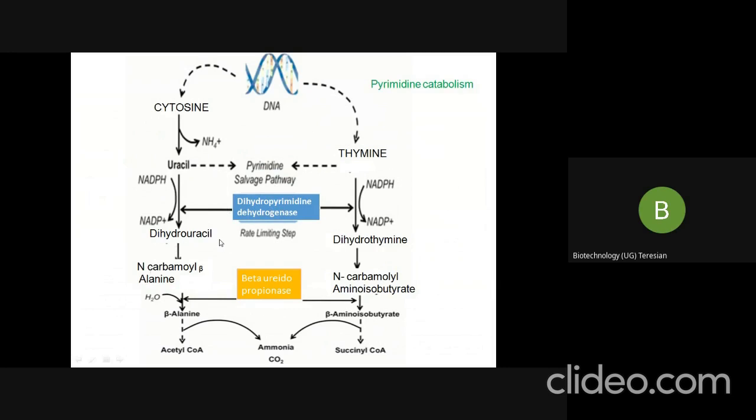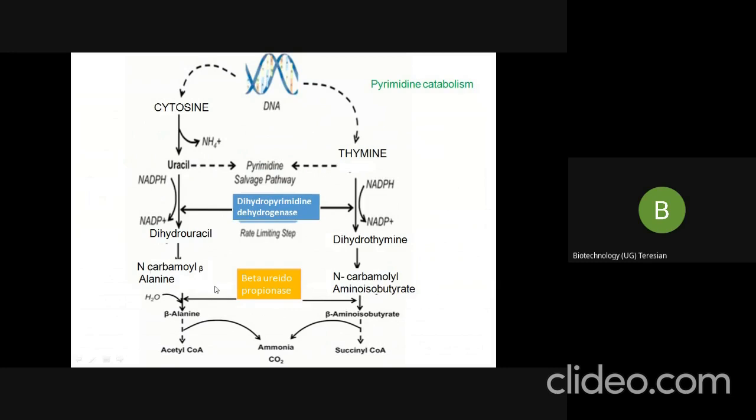During this formation of dihydrouracil or dihydrothymine, hydrogen is being removed from your NADPH. And finally, your dihydrouracil forms the N-carbonyl beta alanine and N-carbonyl amino isobutyrate.